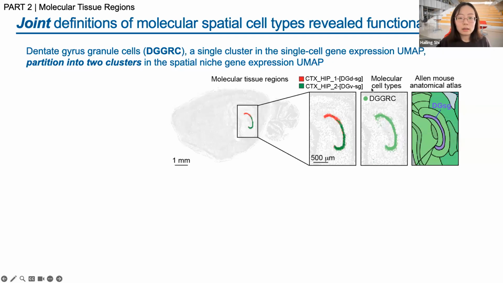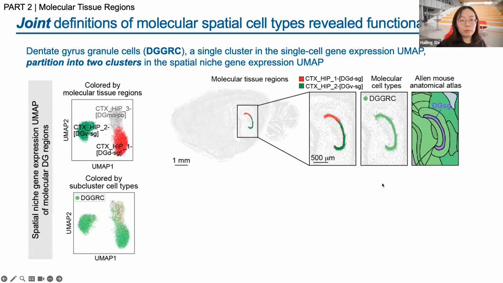So when we look at the molecular cell type definition, which we cluster solely by the single cell gene expression, these granule cells in the dentate gyrus largely form a homogeneous cluster. However, when we look at them in the spatial niche gene expression embedding, they clearly fall apart into two clusters corresponding to the dorsal and the ventral part of the hippocampus.